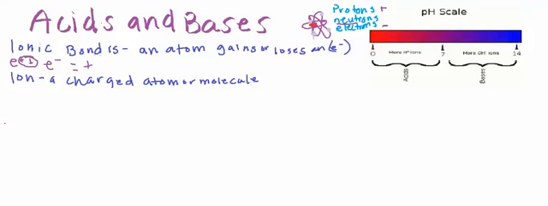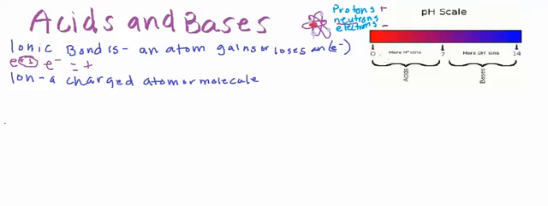So let's go over acids and bases. I'm going to give you the characteristics of what an acid and a base is. If you look over to our pH scale, which is how you measure pH, like in pools, you can measure pH in your bodies, usually in pools though.